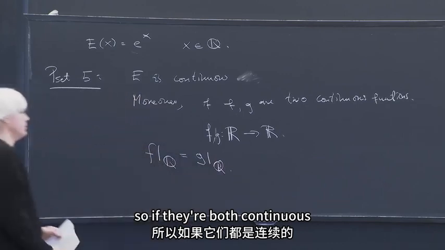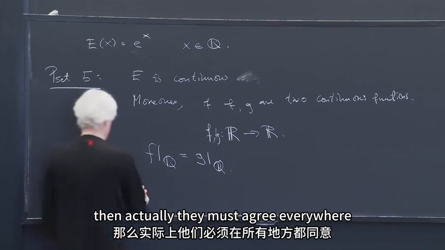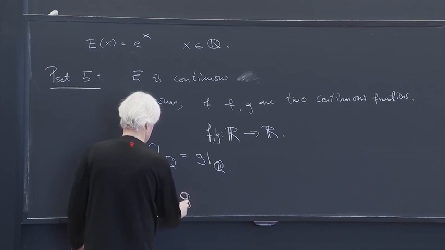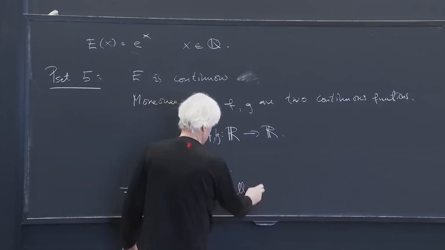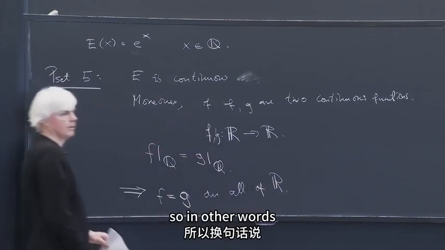So if they're both continuous and they agree on the rational numbers, then actually they must agree everywhere, on all of R.